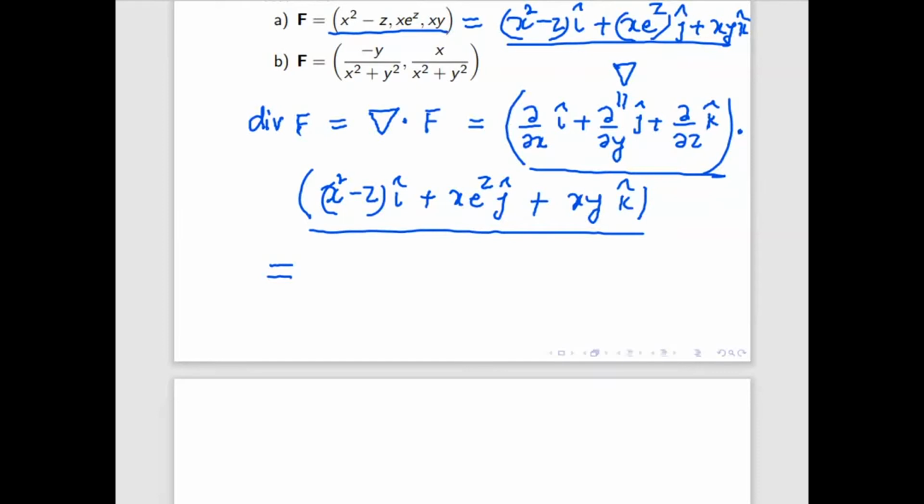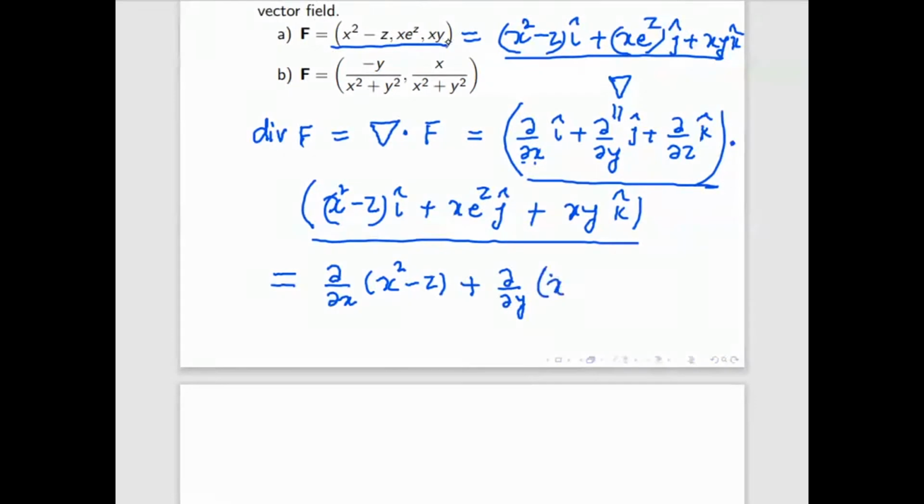Del by del x will apply over the first component, plus del by del y applied over x e to the power z, plus del by del z applied over xy. The partial differentiation of x squared minus z with respect to x will give 2x. There is no y in the others, so 0, 0. So the divergence of this is 2x.